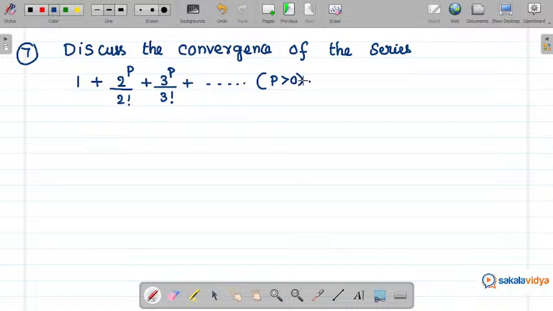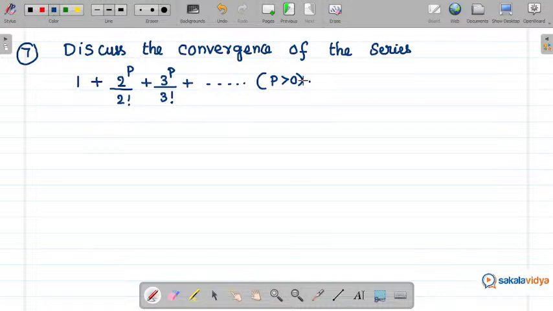We need to test the convergence or divergence of the given series. First of all, if you observe, the series involves factorial terms. Whenever a series involves factorial terms, we need to apply D'Alembert's ratio test.